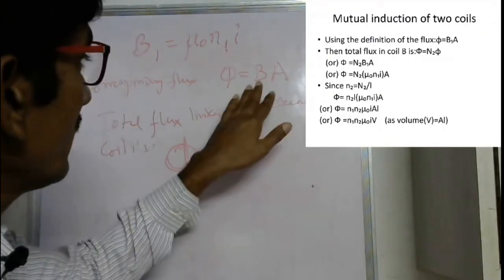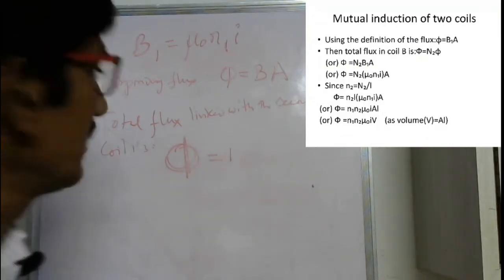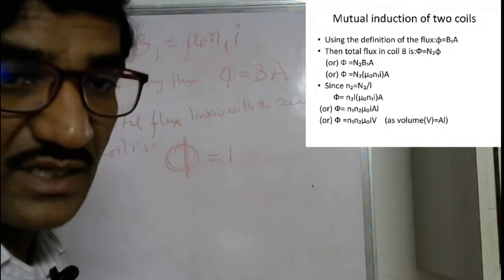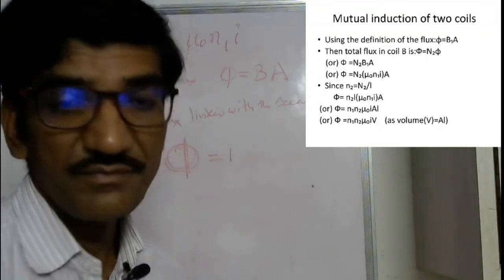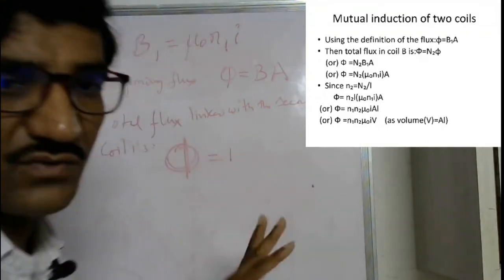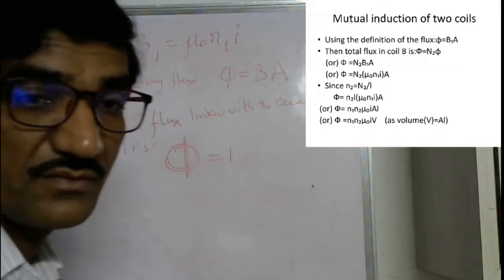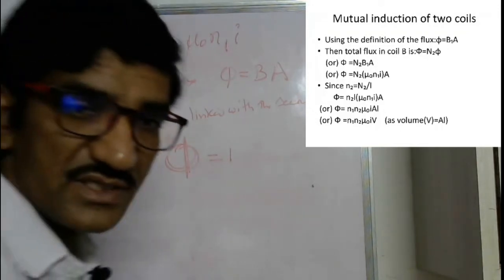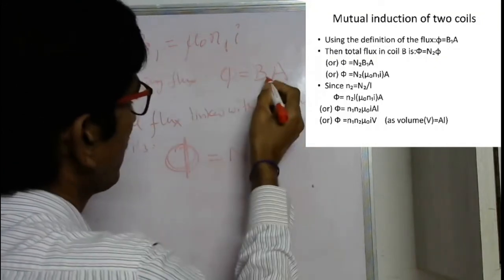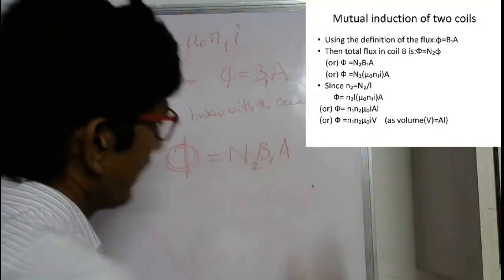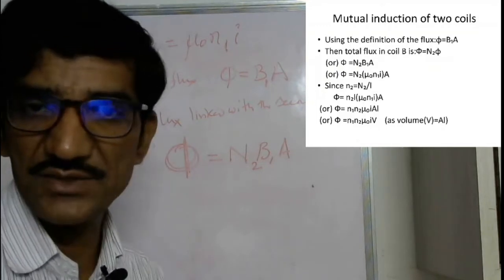This is the flux corresponding to each turn of the first coil. Now let us suppose that there are capital N2 turns in the second coil. Then what will be the total flux linked with the second coil when we consider all the turns? That will be N2 B1 A. We can see this on the slide as well.